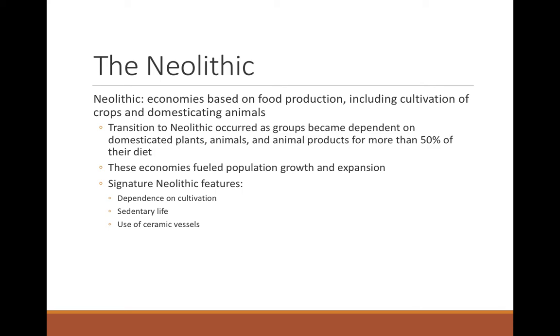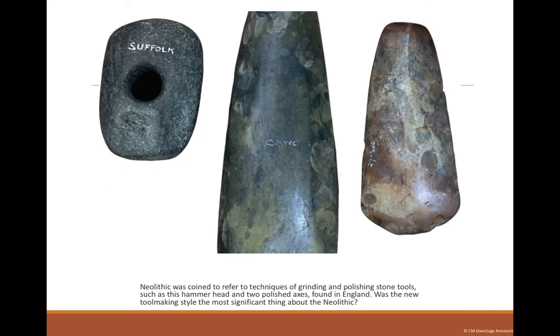The signature features of Neolithic economies include a dependence on cultivation, a sedentary lifestyle, and then is often measured through the use of these ceramic vessels as an archaeological marker. And so this is just a diagram showing you what some of these grinding stones are.